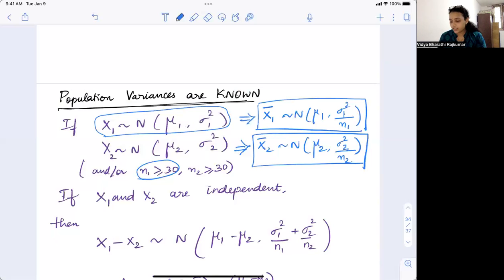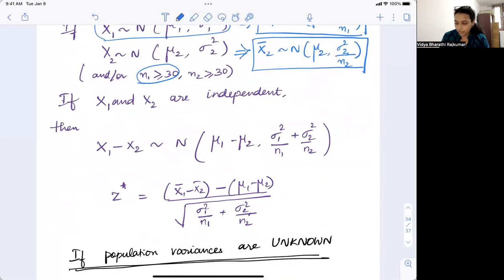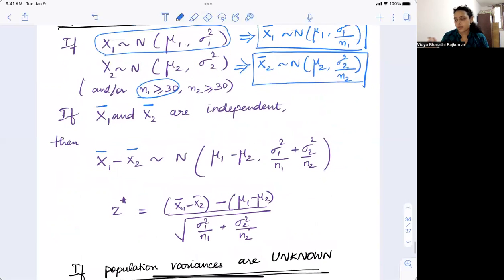Now, turns out that if x1 bar and x2 bar are actually independent, then we could write down the distributional function for the difference between these two sample means. Remember, x1 bar is the sample mean for x1, and x2 bar is the sample mean for x2. And once you know the distributions for these two random variables, you can write that down using CLT.